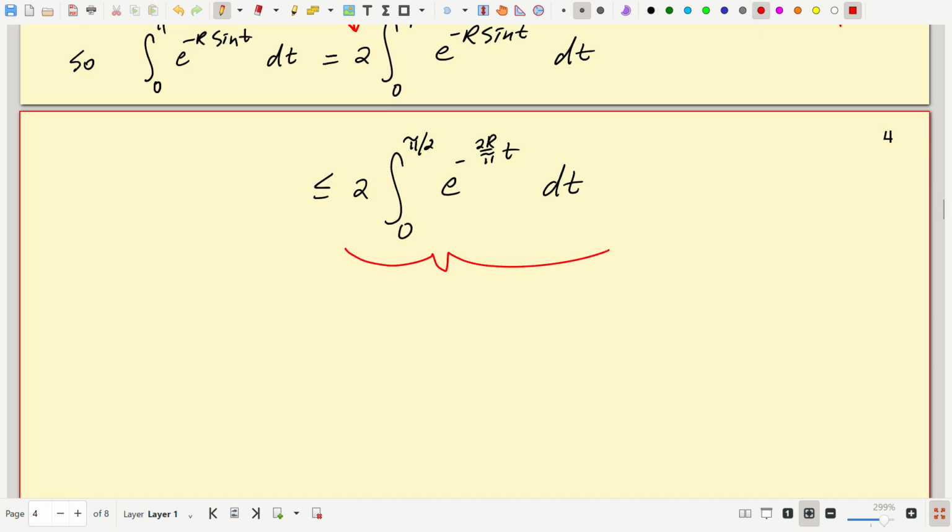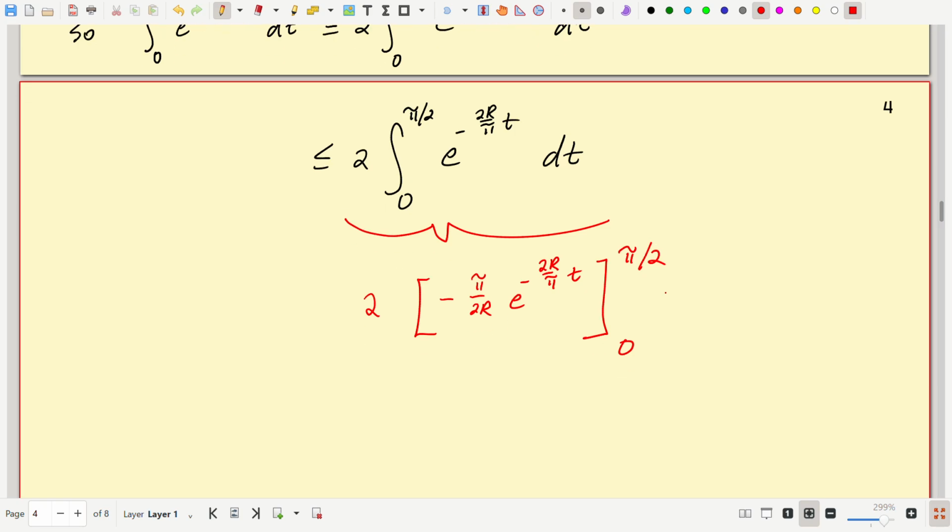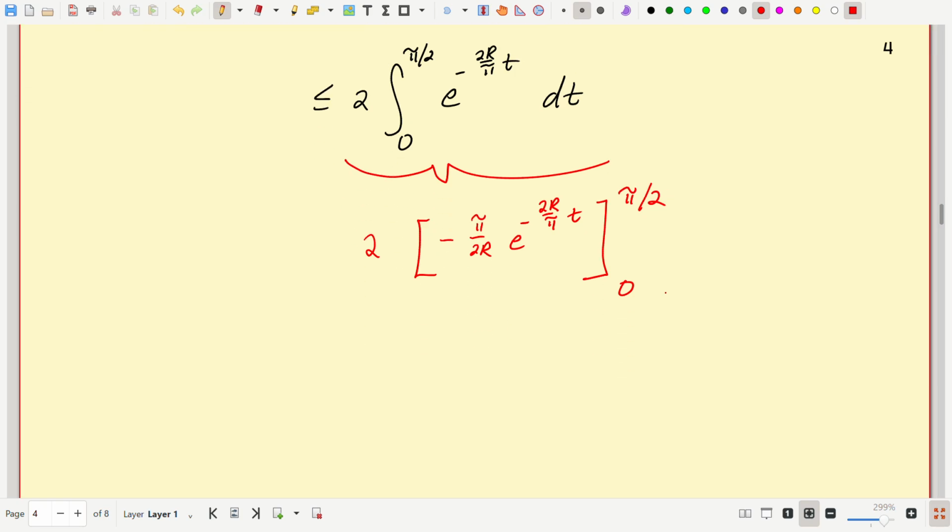This is equal to 2 times, let's see, that would be minus pi over 2r e to the minus 2r over pi t evaluated between 0 and pi over 2. Interesting. Let's see, the 2 cancels the 2 in the denominator, and this is equal to, what is it? I can pull the pi over r out in front.